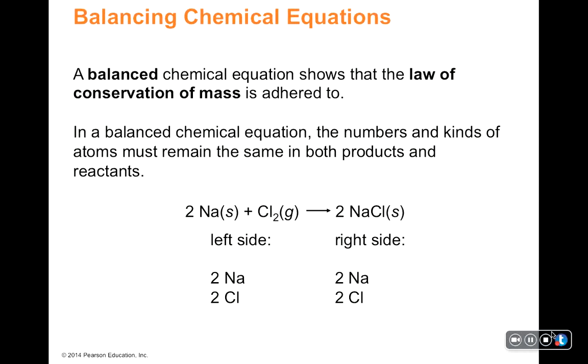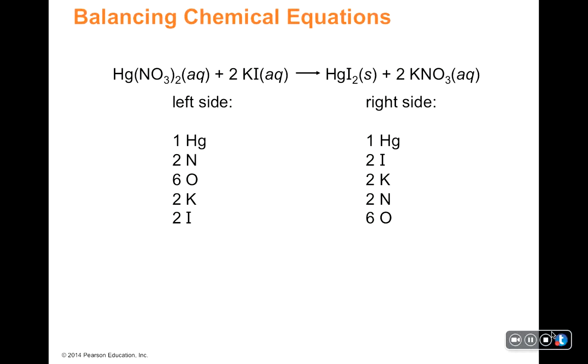The subscript 2 means that. And you also need to multiply through any numbers that are in front, those coefficients. So that's how we get that there are 2 sodium atoms and 2 chlorine atoms on the left. And because that number 2 is multiplied through all of the atoms in a formula, it means there are 2 sodium atoms and 2 chlorine atoms on the right. So this equation is balanced.